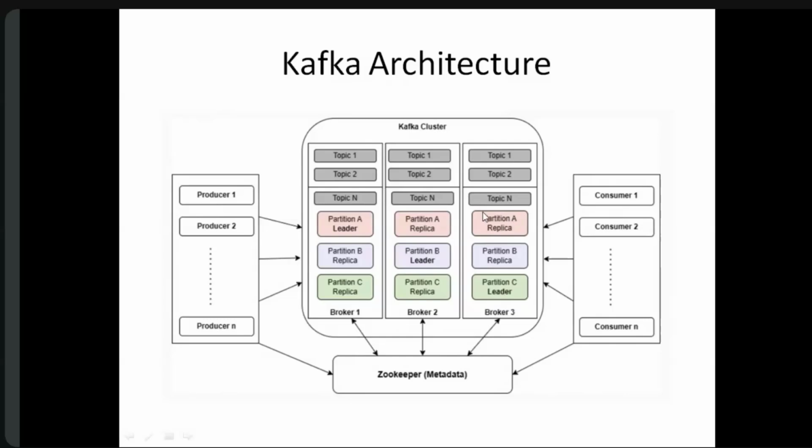Then in case of failure of broker 1, obviously broker 2 is having less load, right? So these partitions will be shifted to broker 2. There will be an algorithm written, so that will automatically decide.